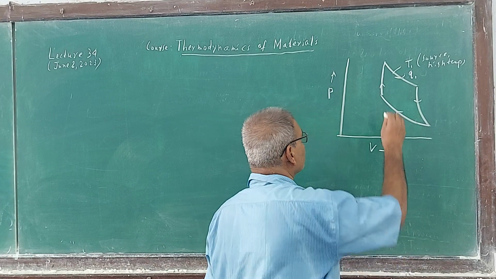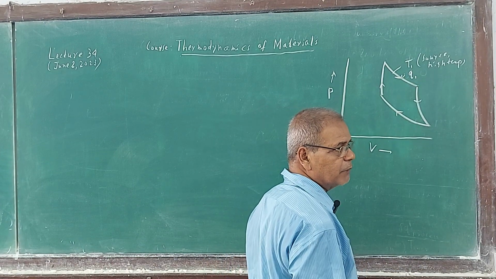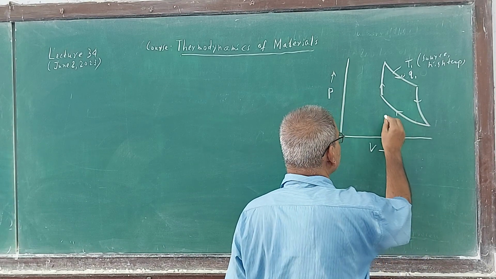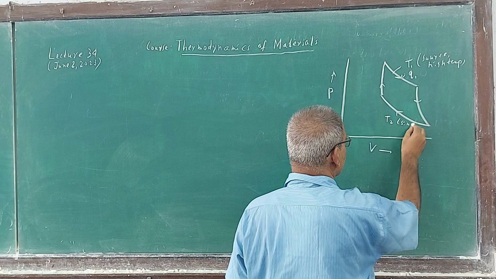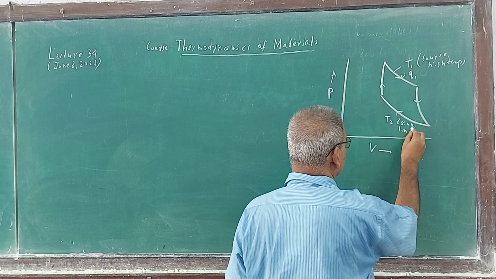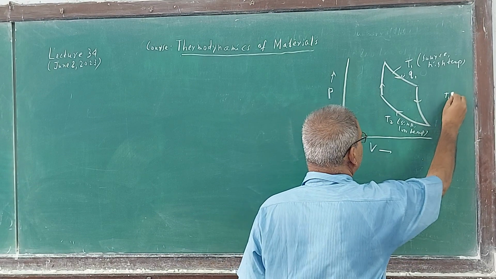Q1 is actually W1, which is RT1 ln V2 by V1, and this side is T2, the sink, low temperature, where T1 is greater than T2.